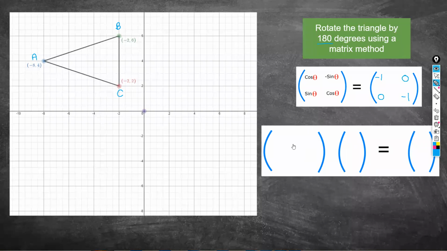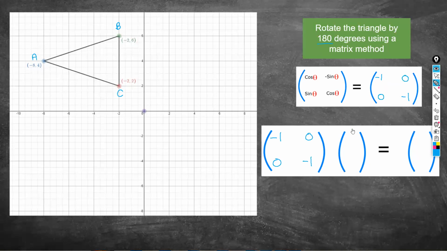And all we have to do now is just take this matrix, minus 1, 0, 0, minus 1, and we just have to take this matrix and multiply by each point individually.